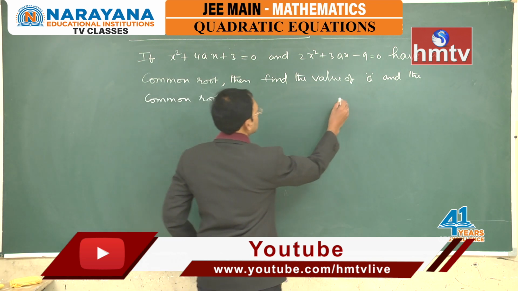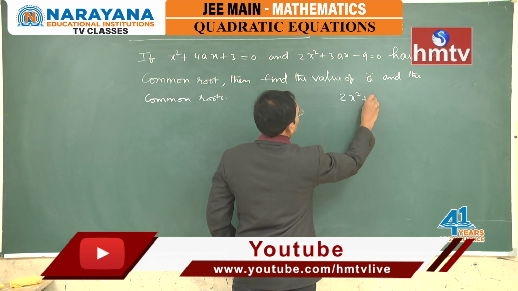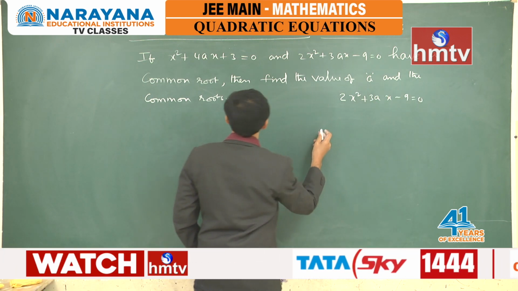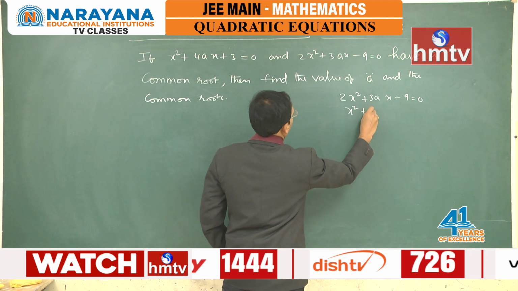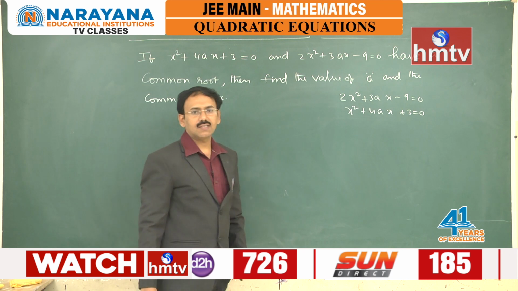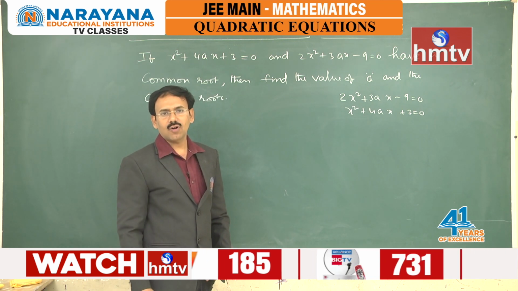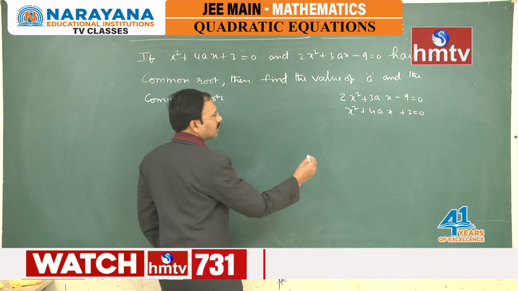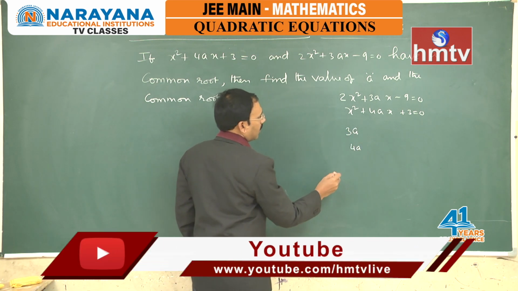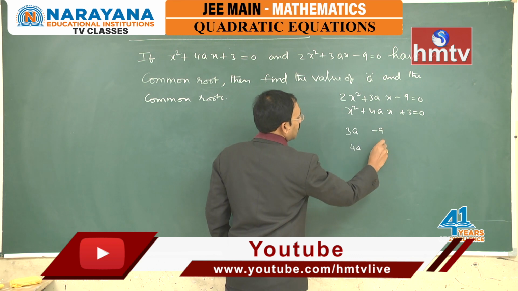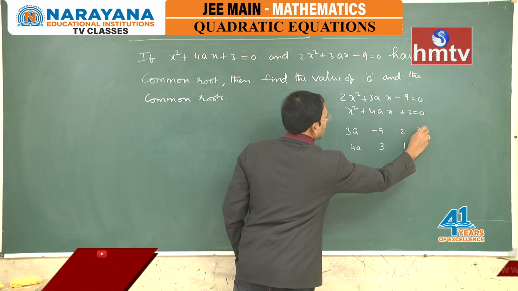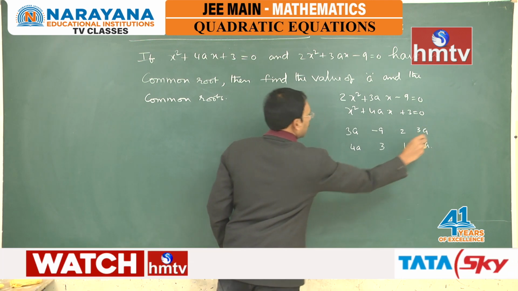The given equations are 2x square plus 3ax minus 9 equal to 0 and x square plus 4ax plus 3 equal to 0. Right. To apply the condition for common root, I just note the coefficients of x first, 3a, 4a, then constants minus 9, 3, then 2, 1 and repeat the first, 3a, 4a.